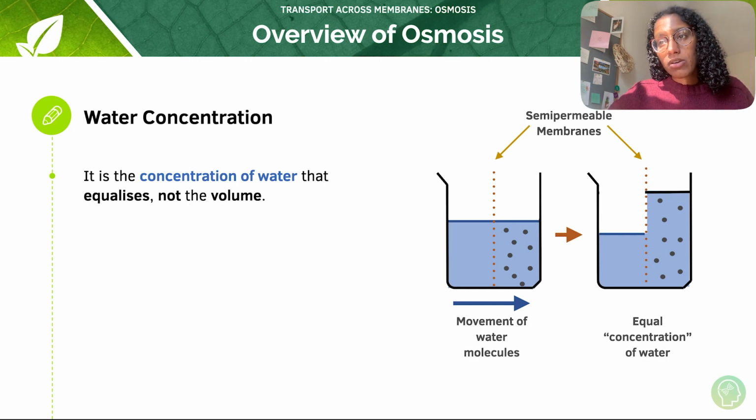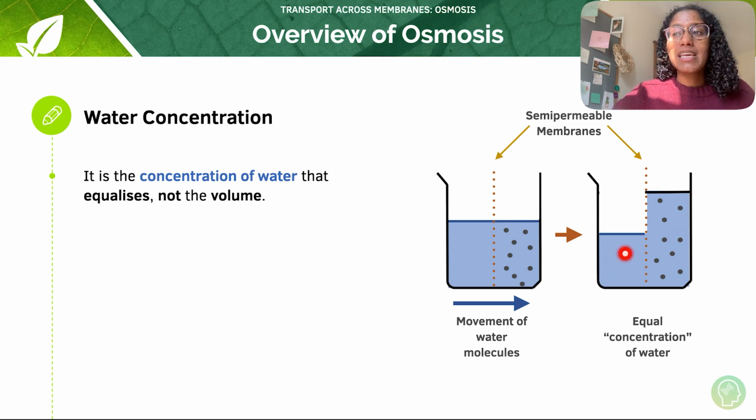All right, so for example, if we have some particles in this side of the beaker, no particles in this side of the beaker, if we want to make this side of the beaker have an equal concentration of water, not of particles, but of water compared to this side, then we're going to have to add more water to this side to make this a higher water concentration, but also a higher volume.